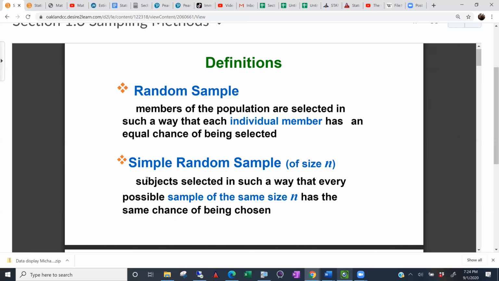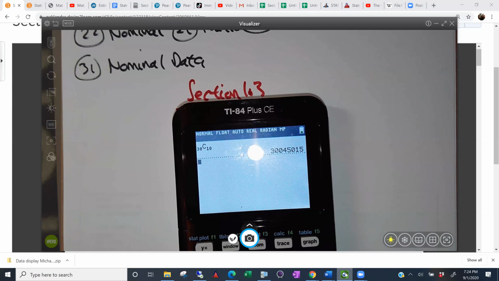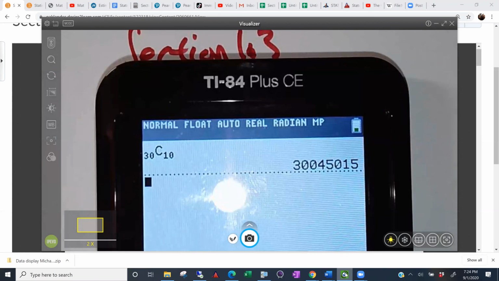Now in a class our size, that's going to be a pretty big number, and let me just calculate that out of curiosity. If I have 30 people in this class and I'm going to choose 10 of them, wow, we're going to have an awful lot of ways we could choose that group.